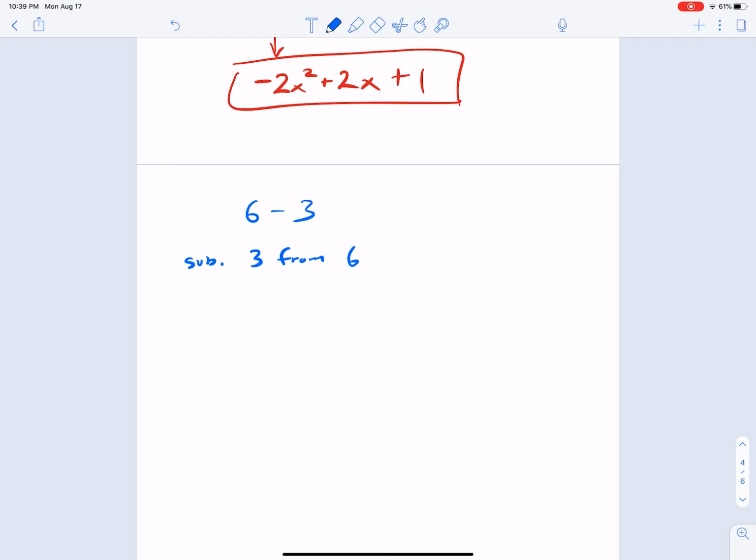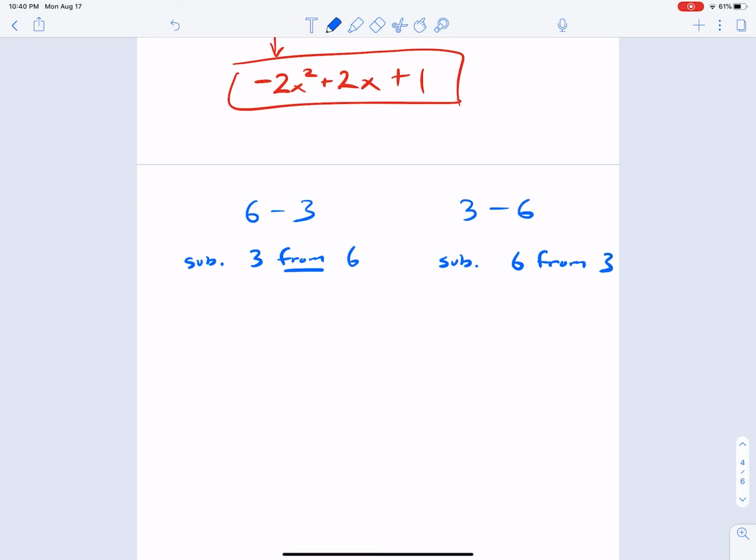It's a little bit backwards, but it's the key word. So when you're using that word, you actually read it from right to left. So 3 minus 6 here is really you saying subtracting 6 from the 3.